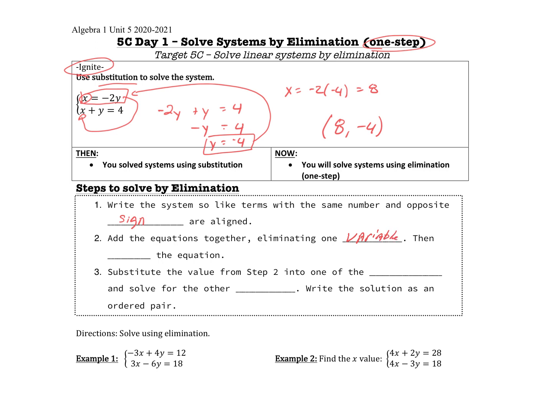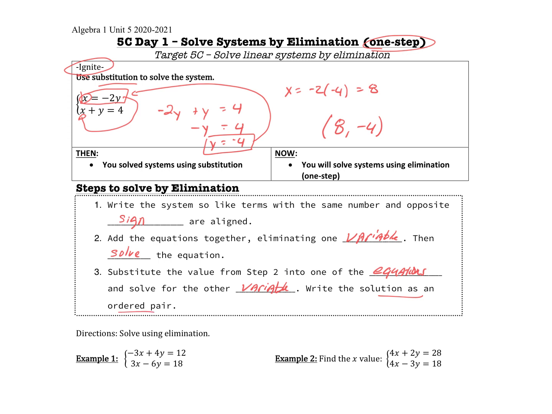Then solve the equation. Substitute the value from step 2 into one of the equations of the system, and solve for the other variable. Write your solution as an ordered pair.